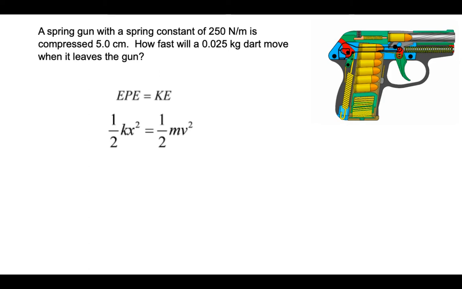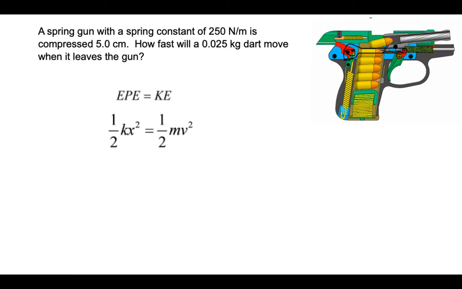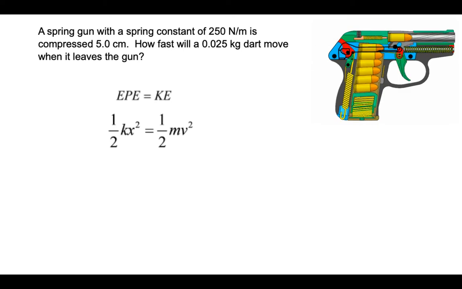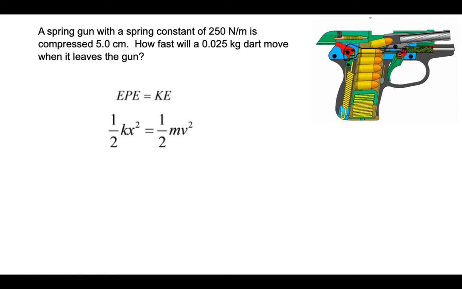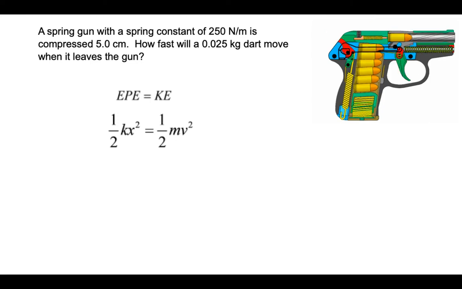On the AP exam, we will most likely not be given numbers. So I'm going to practice as if this is a section of the open-ended question, solving for the variable and then plugging in after. Technically, we need to isolate v here.